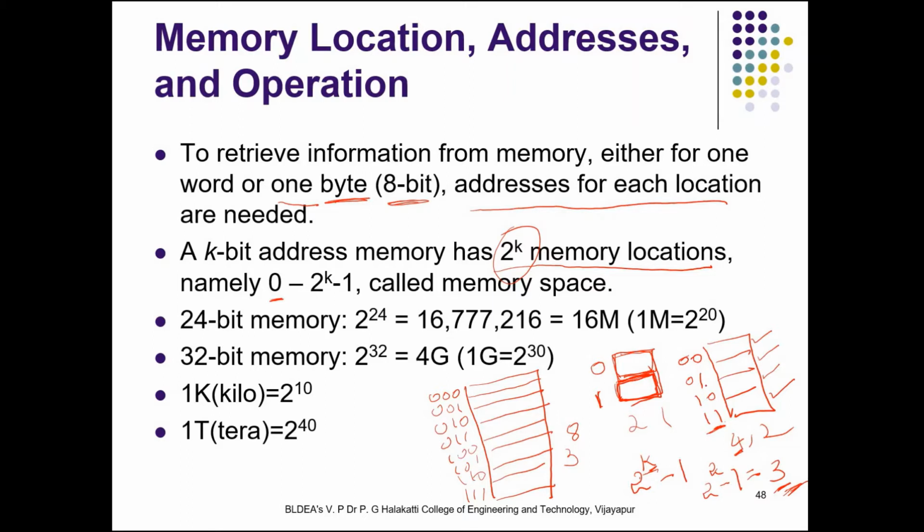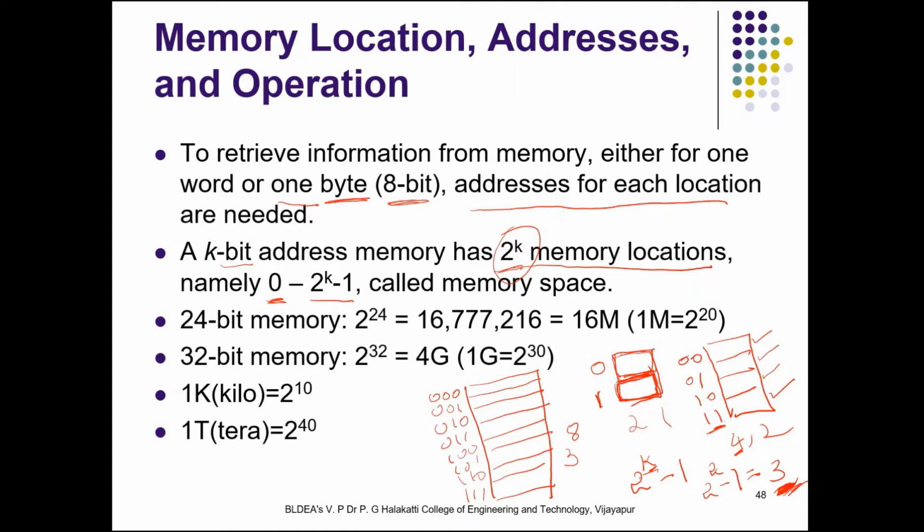That's why it is 0, 1, 2, 3, and 3 will be the last memory address. So we can say if there are k bit memory addresses, then it will have 2 raised to k memory locations, and the memory addresses will start from 0 up to 2 raised to k minus 1.